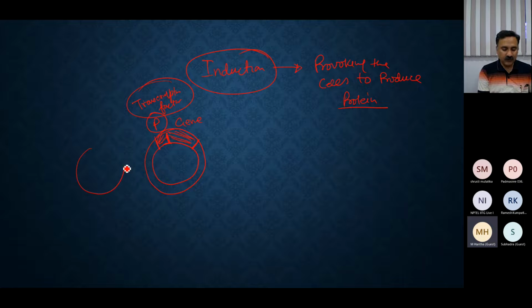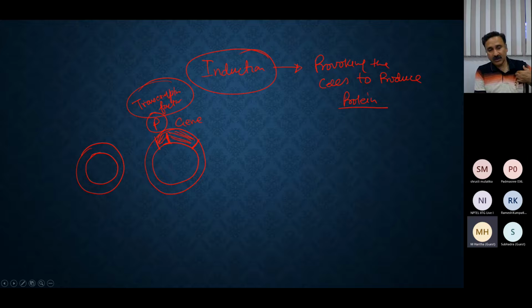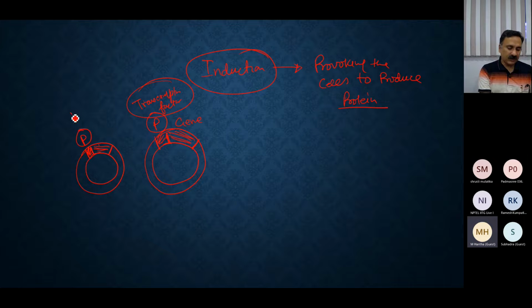So what you're going to do is put another plasmid, or put the genes within the genome of that particular organism as well. In this one, you put the promoter and put the transcription factor gene under its control. This promoter is going to get induced when you add the inducer.